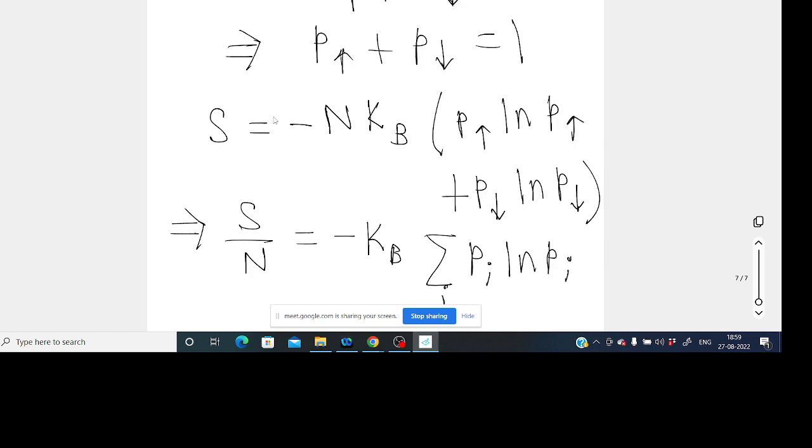So we have started from the definition S equal to kb log omega, and we have arrived at S by n equal to minus kb sum over pi log pi, and here we have S by n because we are considering the entropy per unit particle.